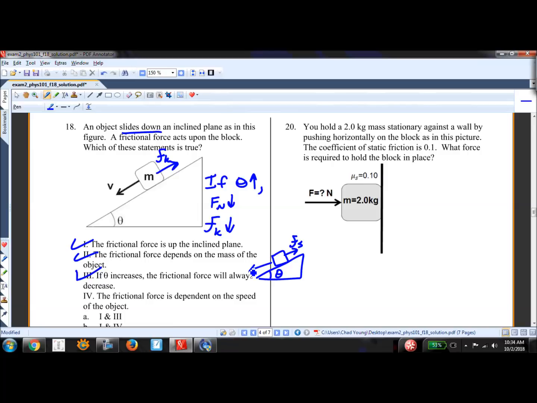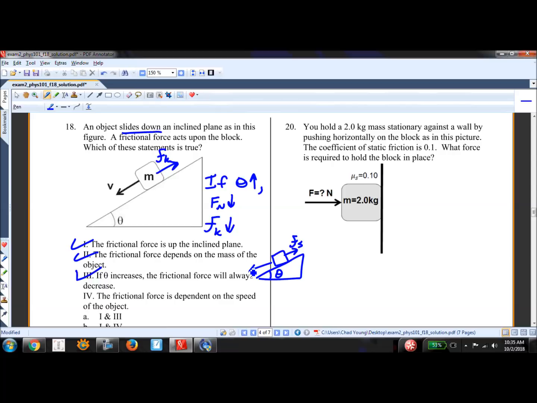So this third statement is only true if the object is sliding down the inclined plane. If the object is just sitting on the inclined plane and then I begin to lift the inclined plane up so that the angle increases, then the static frictional force will increase in order to keep the object in place.